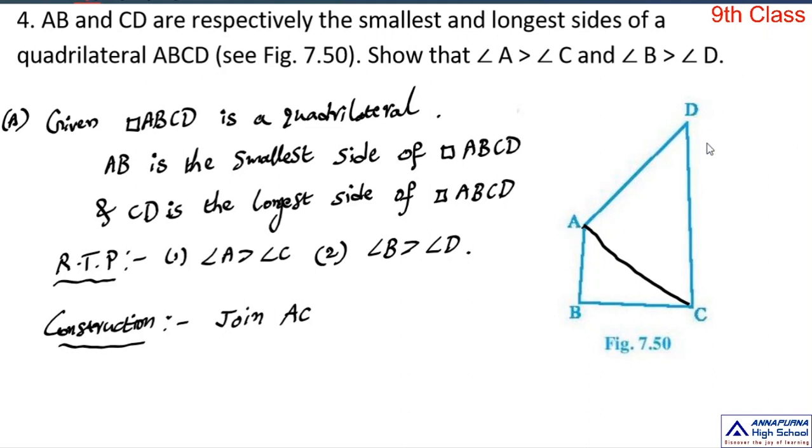Every diagonal divides the quadrilateral into two triangles. Now you take triangle ABC.